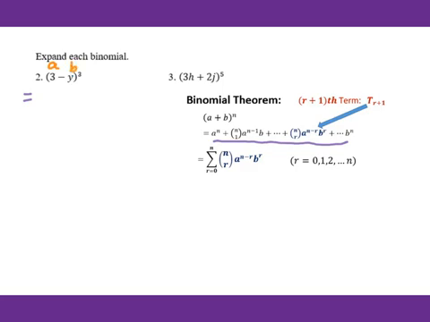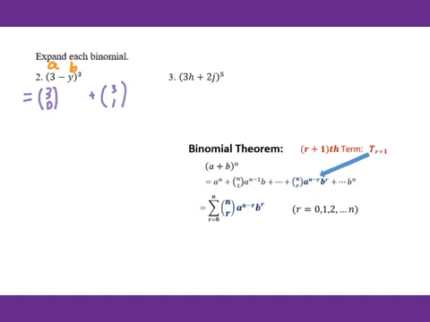Therefore, we can write down 3 choose 0 plus 3 choose 1 plus 3 choose 2 plus 3 choose 3. Remember, n choose 0 and n choose n equal 1.